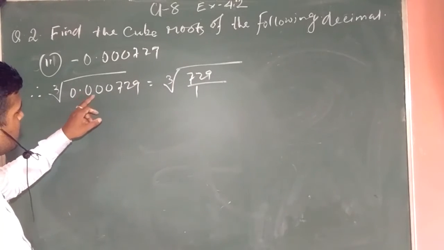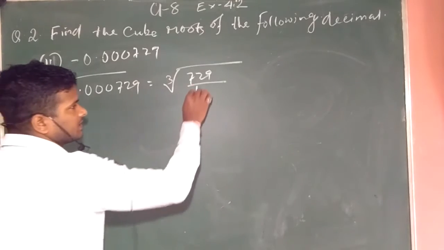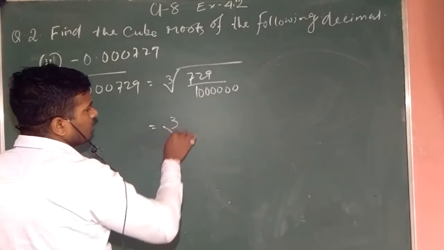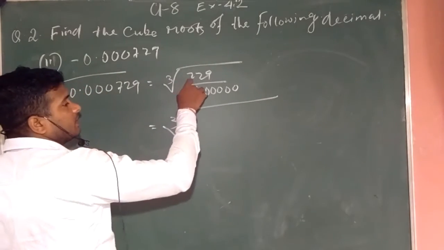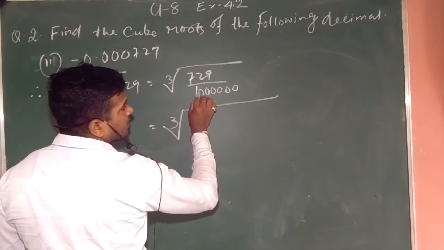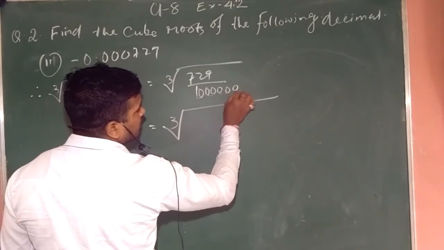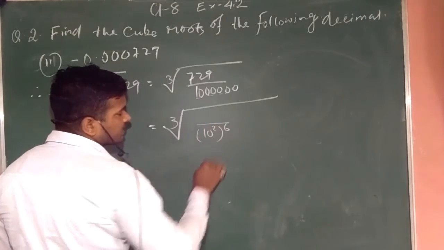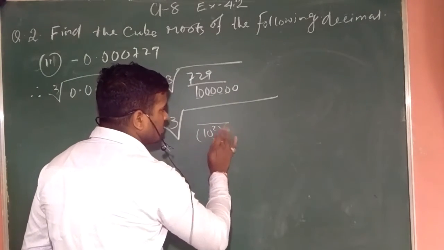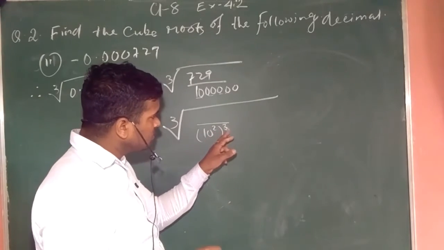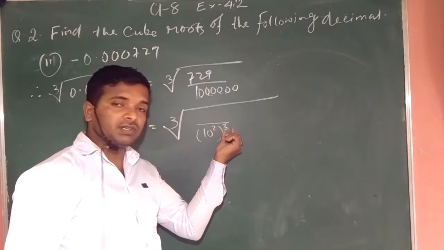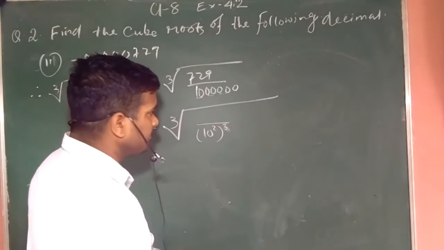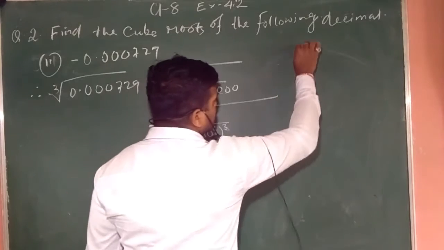Up to the point there are 6 digits, 1 2 3 4 5 6. That means we can write 10 to the power 2 to the power 3, because 3 2s are 6. The power should always be 3, because 3 only we are going to cancel.